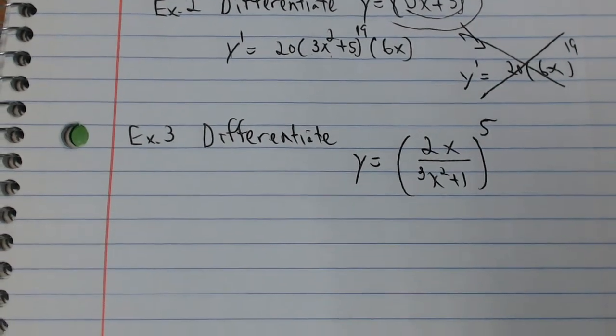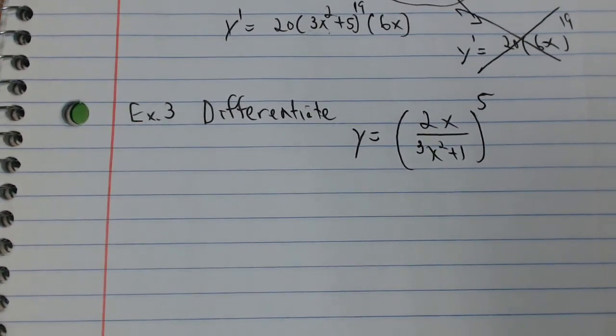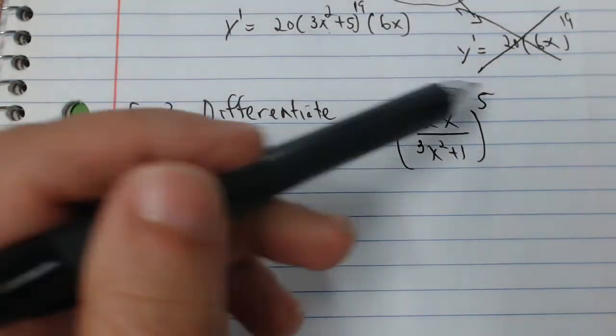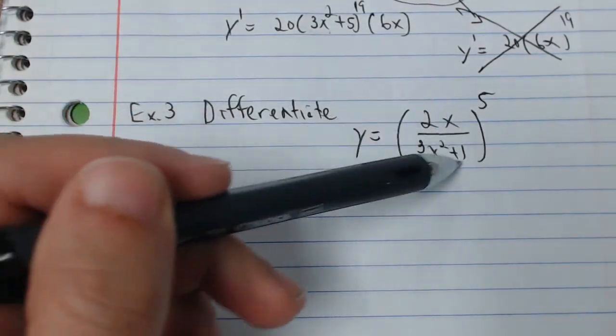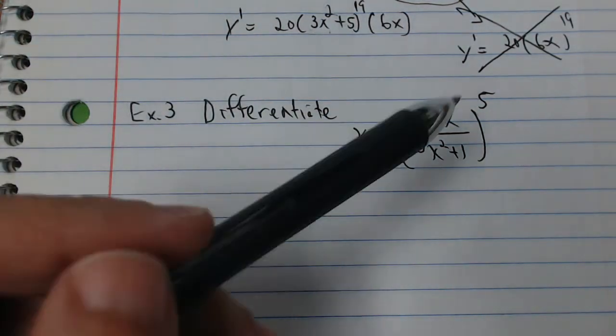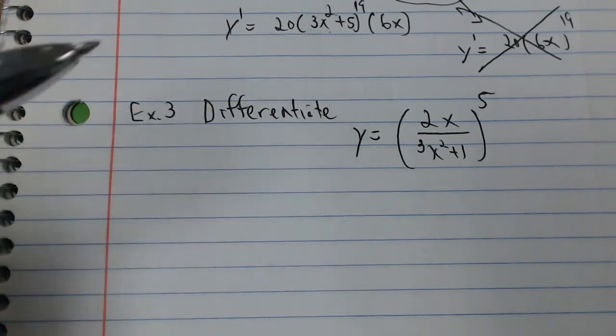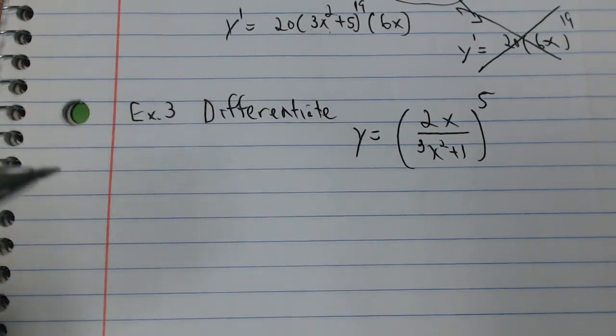Looking at this, notice how I have a lot going on here. I can already see that this is a composite function because I have something to the power of 5, and then the inside function is a rational function. For a rational function, I'm going to use the quotient rule. Remember, when you're finding these derivatives, you could use multiple rules as long as they're appropriate.